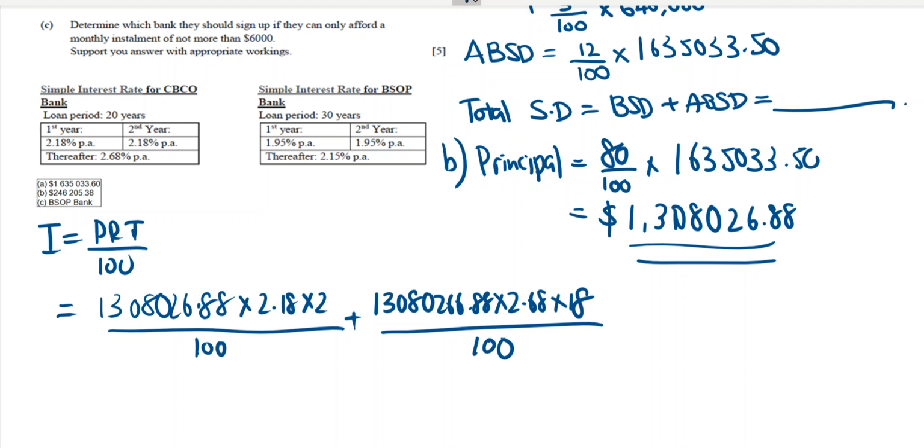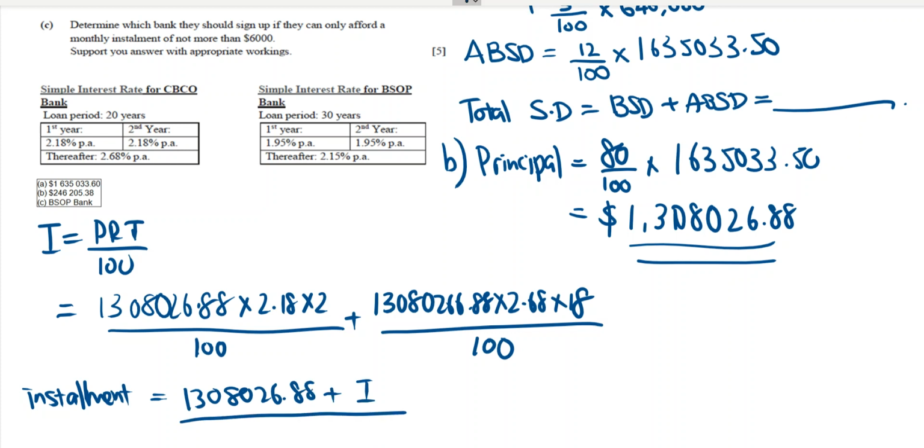All right, and so you will find out the total amount. You don't have to find this out separately, you can put it together. So the total installment is equal to the principal 1308026.88 plus your interest, divided by the total number of months, which is 12 times 20, because he borrowed for 20 years.